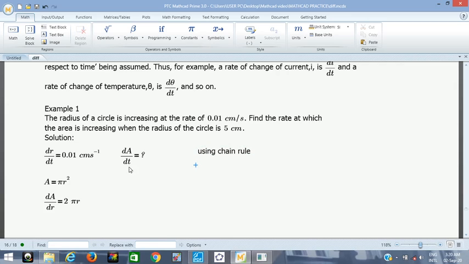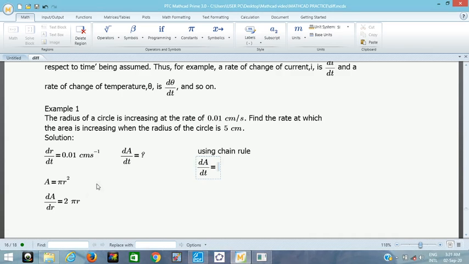So remember, this is our target, dA/dt. So if I do something like this, dA/dt equals dA/dr, let's put it here. It's just a technique in mathematics. Just check what I'm doing.